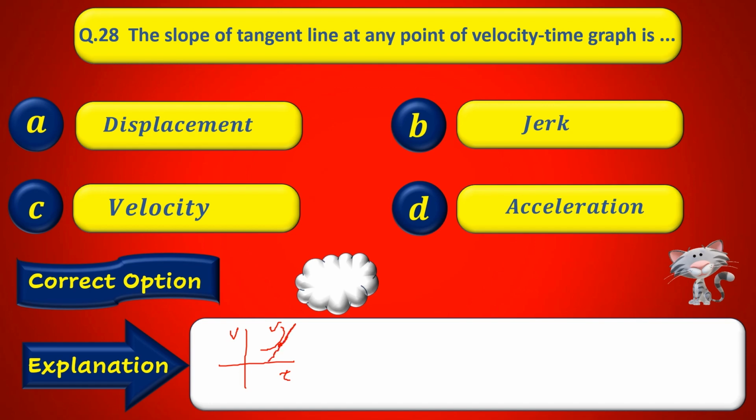Take tangent line at any point of this graph, and we know that the slope of tangent line gives the first derivative of the variables involved in the graph. Here v and t are variables, so the tangent line will give dv by dt, and we know that acceleration is equal to dv by dt. So correct option is option D, acceleration.